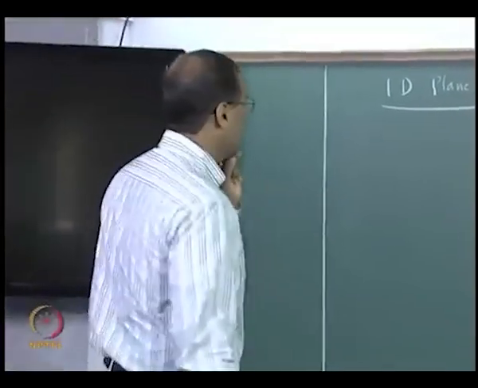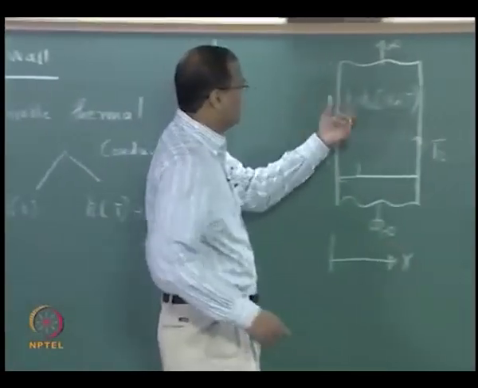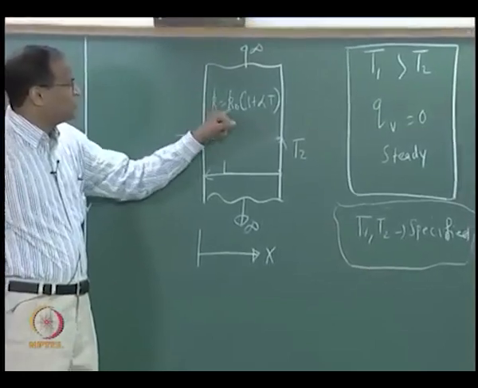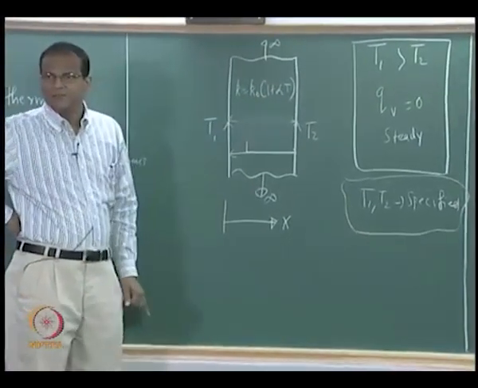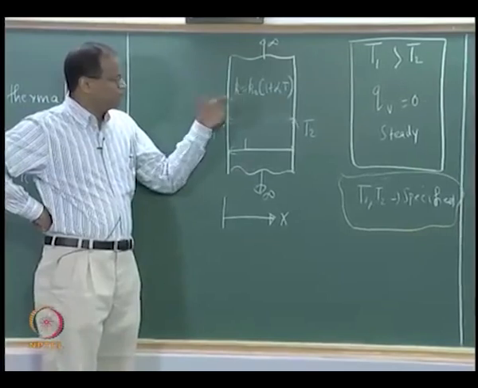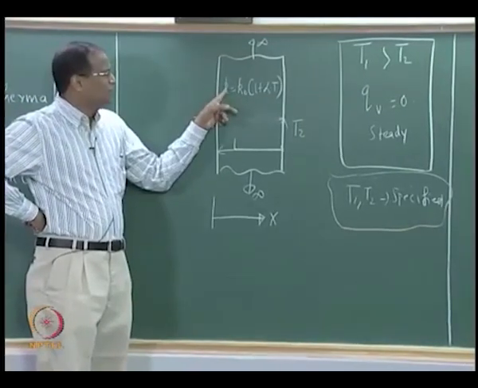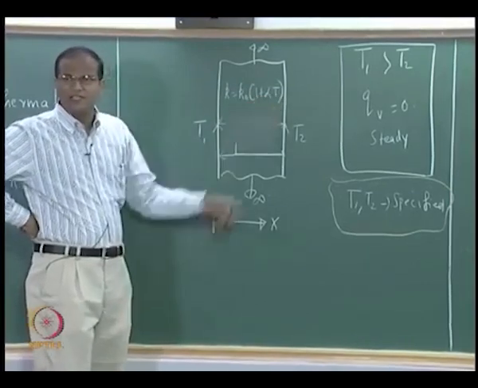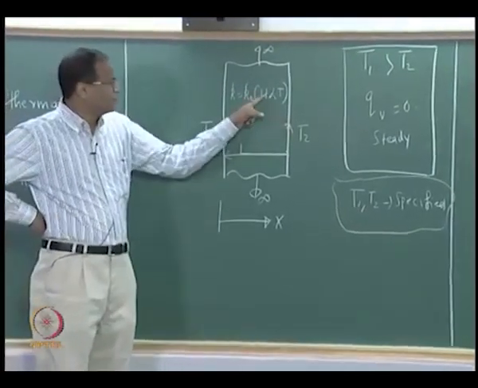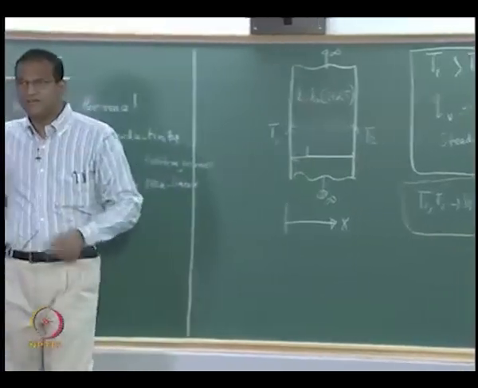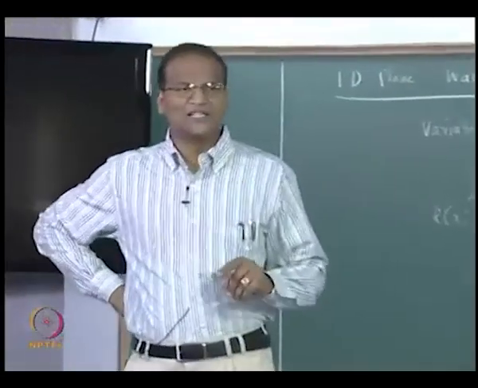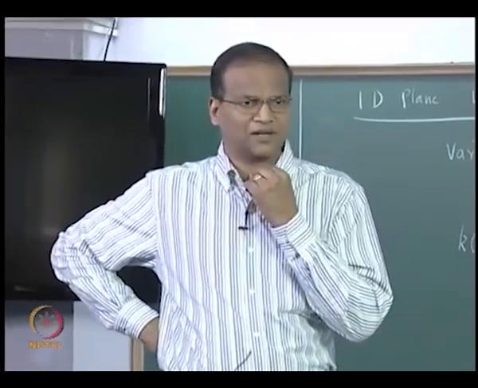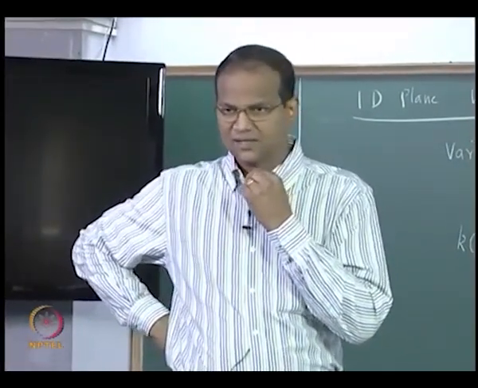We will look at a reasonable linear model for thermal conductivity: k is equal to k naught into 1 plus alpha T. If you have done experiments and got various values of k measured at various temperatures, you can do least square regression and get the values of alpha and k naught. As temperature increases, 1 plus alpha T increases, therefore k increases.